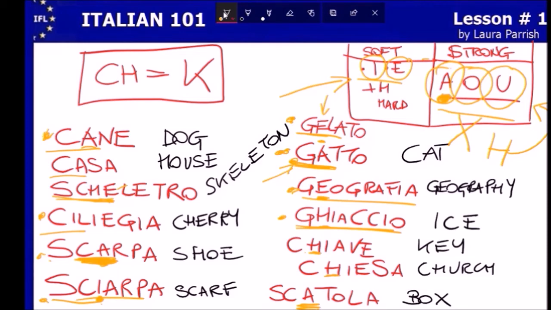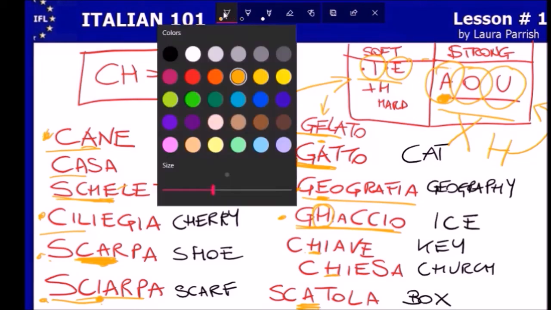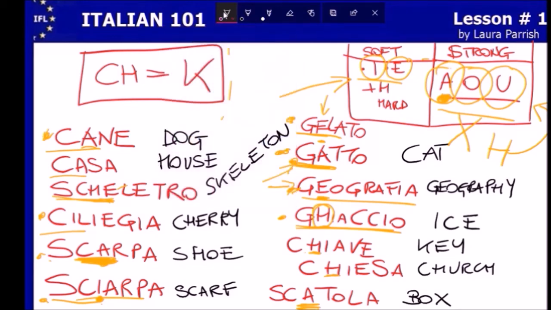Okay? The reason why we add an H here is to make the sound, without the H, like in this. Let me change the color here. I'm making a mess. Let me, purple. Okay, here you have the sound gatto, ga.